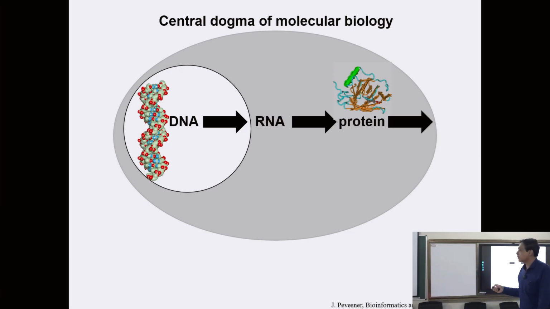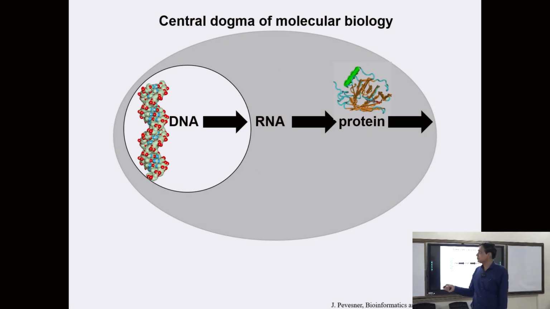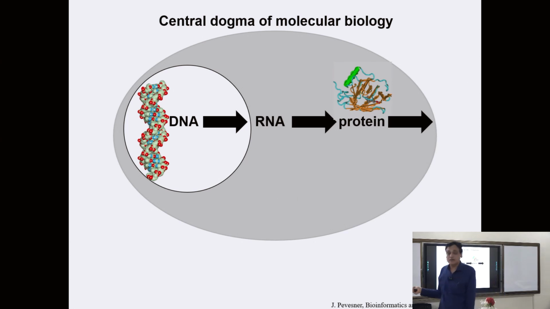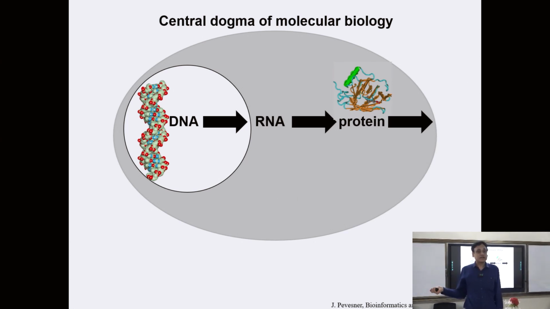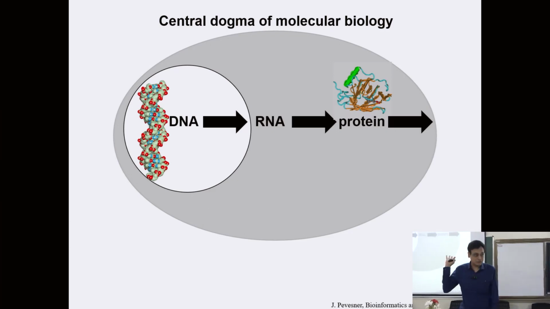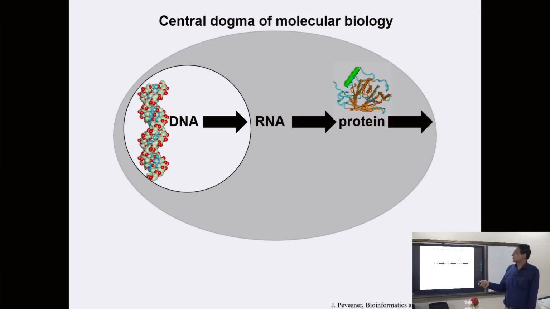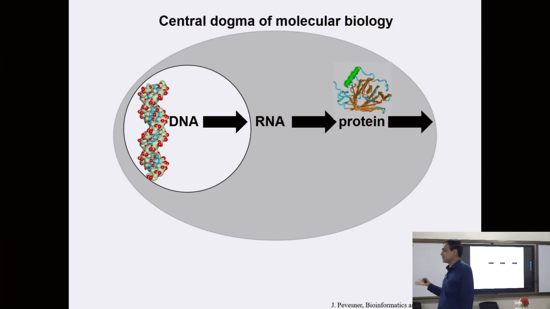So the flow of information is in this direction, DNA to RNA to protein, and this is the central dogma of molecular biology. But we also know that there is a caveat, there is an exception. RNA can be reverse transcribed to DNA using an enzyme called reverse transcriptase. Okay? So there is that exception, but other than that, the flow of direction is from DNA to RNA to protein, and famously people say it, DNA makes RNA, RNA makes protein.